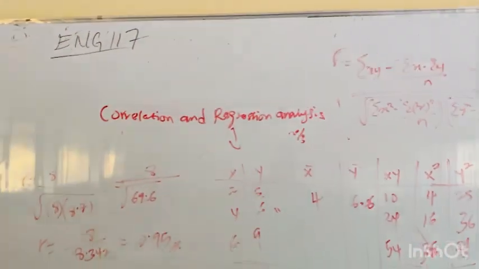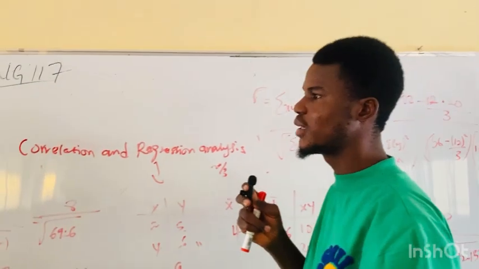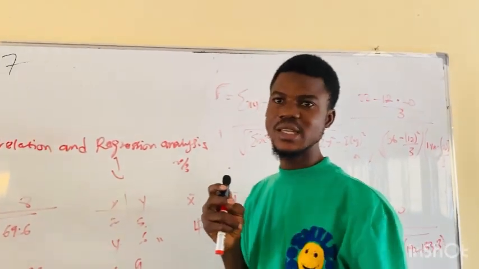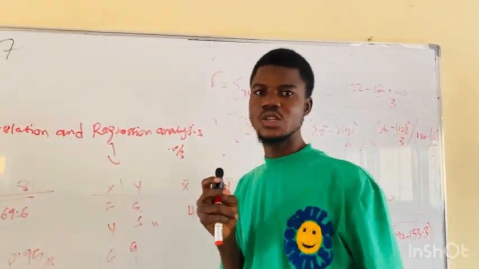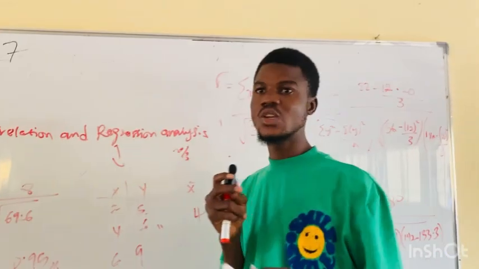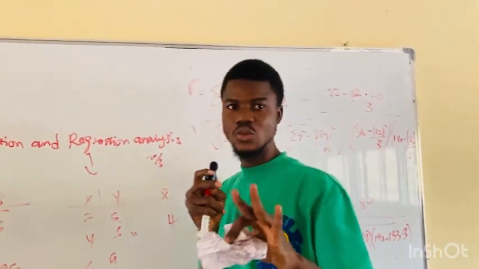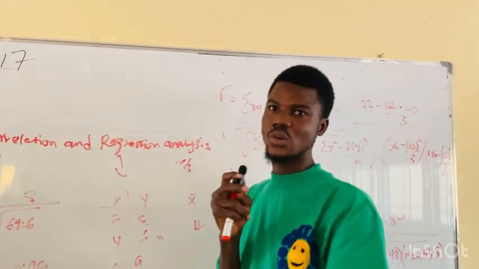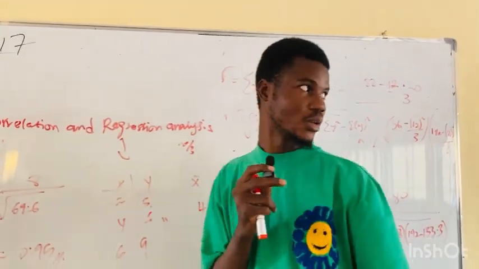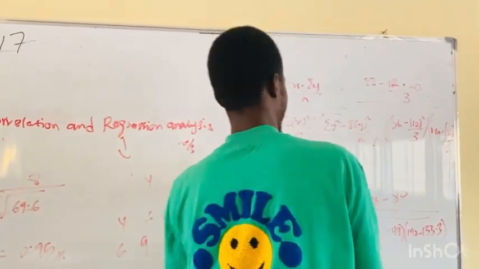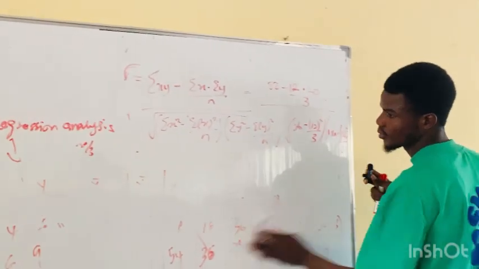Let's move to regression analysis. So in regression models, it's quite different. I've already said it's being represented in form of linear equations. Apart from being represented in linear equations, they measure the relationship between two variables, while the correlation tells us how strong they are to each other. So let's get started.